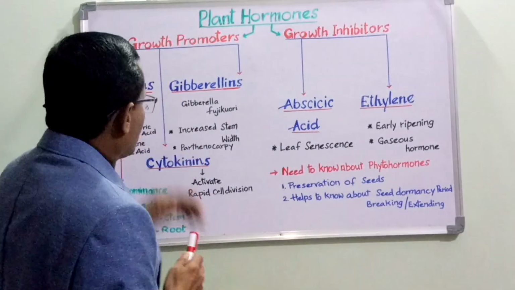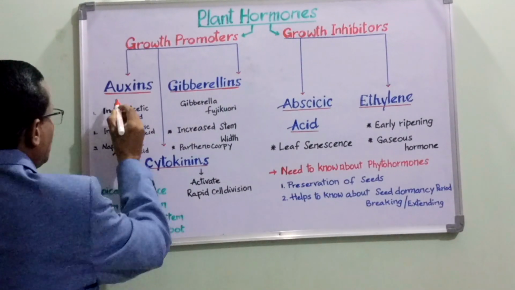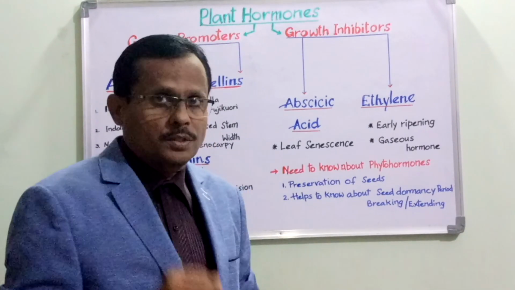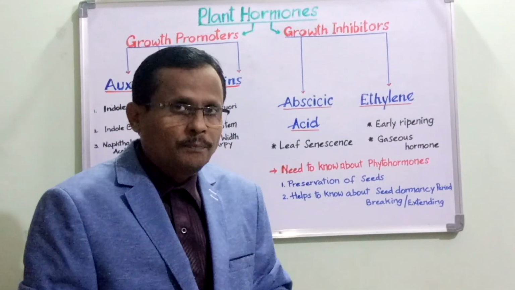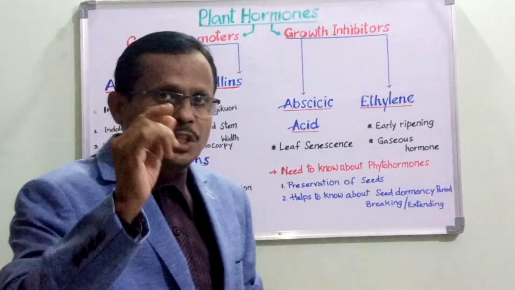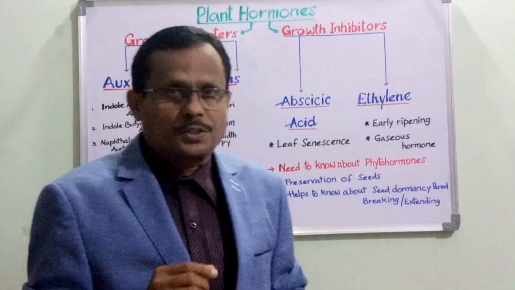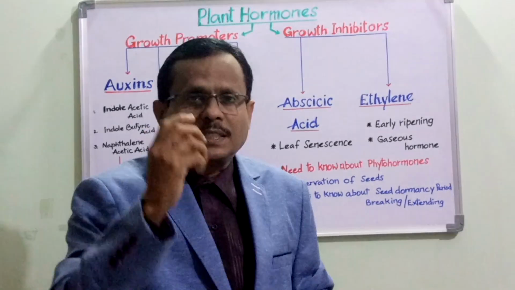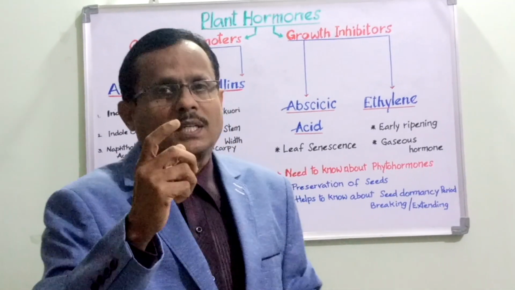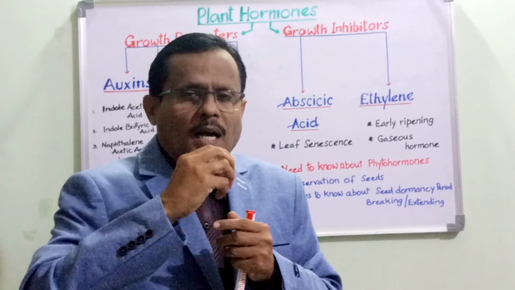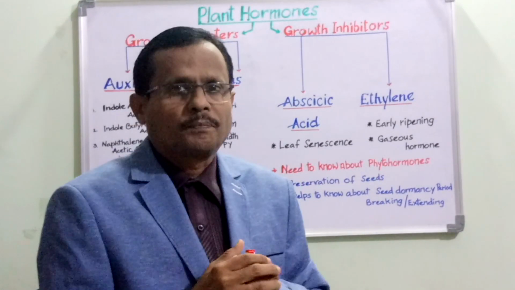So auxins are present in the apical zones and hence they bring about apical dominance. You know what is dominance here? The buds which are present in the meristematic tissues, that is the apical points, are activated by this biochemical substance called auxin, and the growth is highly accelerated.